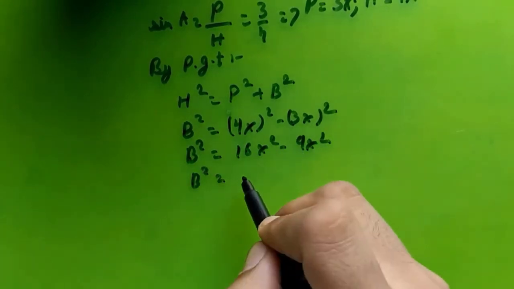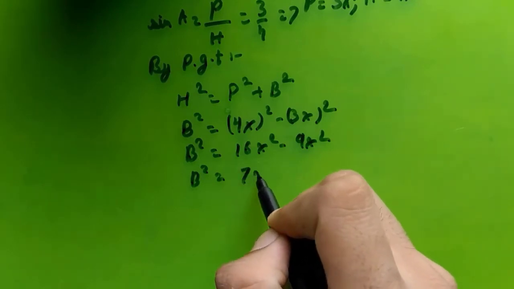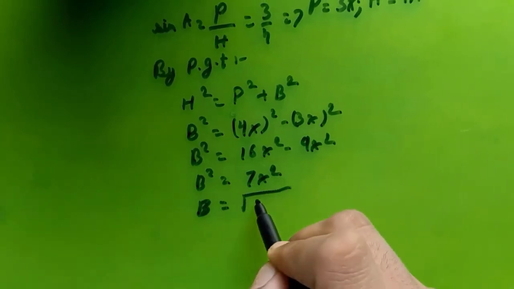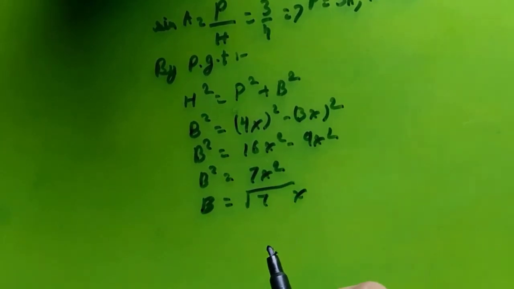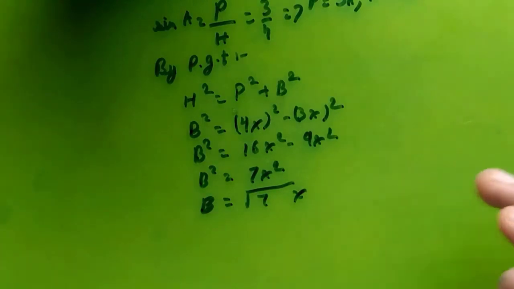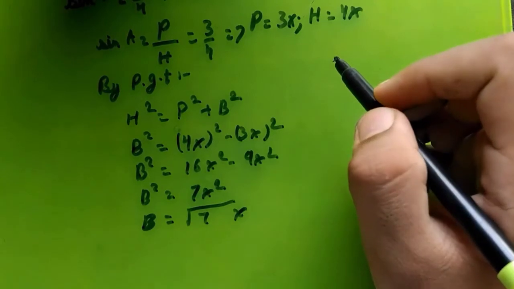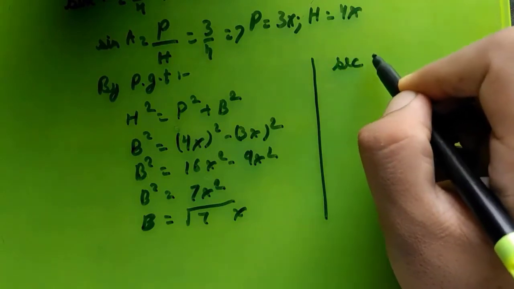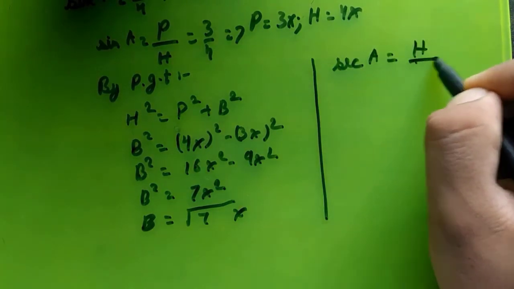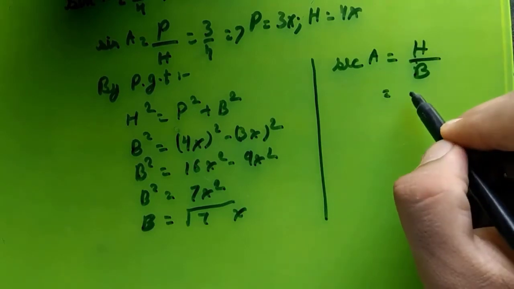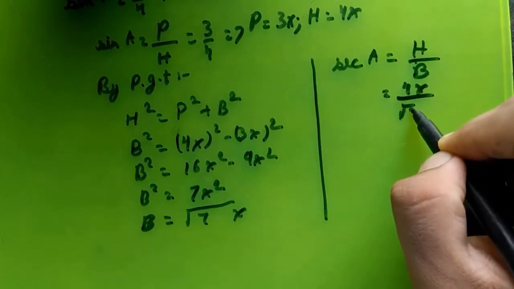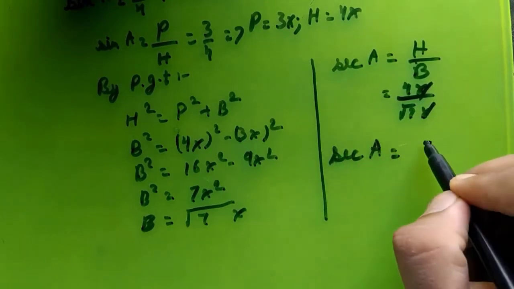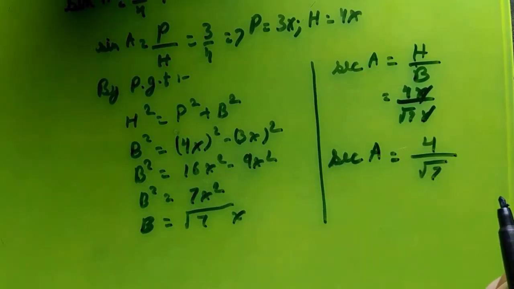Base square will be equal to 7x square. Therefore base is equal to root 7 x. Now we have got the value of base. We can find the value of sec A, which will be equal to hypotenuse upon base, which will be equal to 4x upon root 7 x, x by x cut. Therefore sec A is equal to 4 by root 7. Next question.